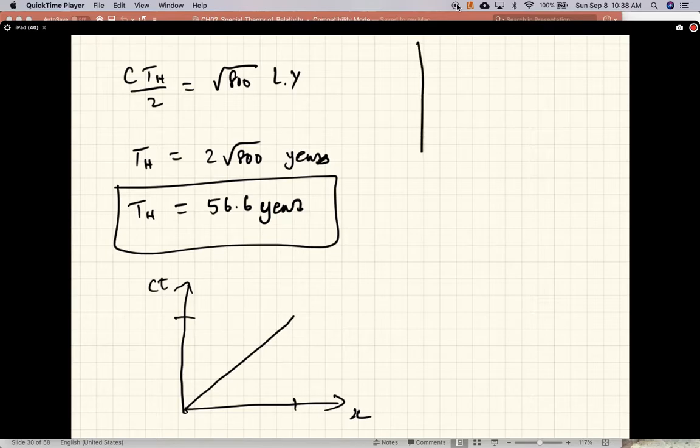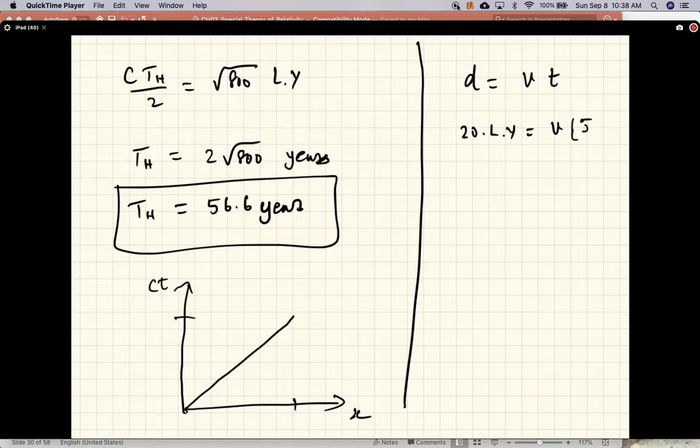The distance traveled by the astronaut is the speed at which they traveled times the time that passed on Earth, which is 56.6 divided by 2 years.